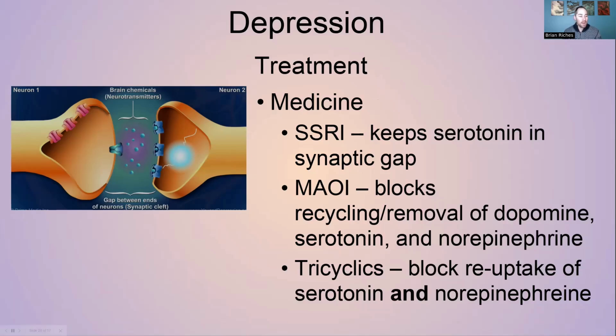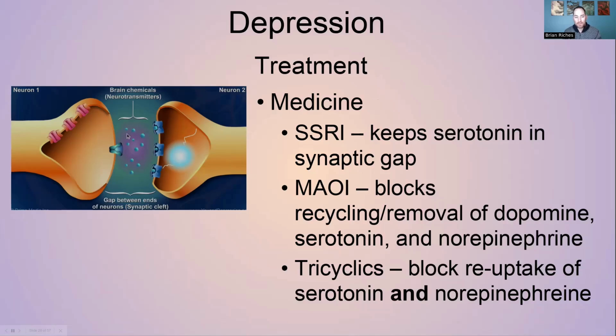MAOIs are monoamine oxidase inhibitors. Essentially, monoamine oxidase, and I might be pronouncing that wrong, I think I have only ever read that, is released by the brain to essentially remove excess norepinephrine, serotonin, and dopamine. So it's kind of a recycler. It takes it as waste and takes it out of that gap. And so that's not super helpful if you have lower serotonin and norepinephrine. So MAOIs block that process.